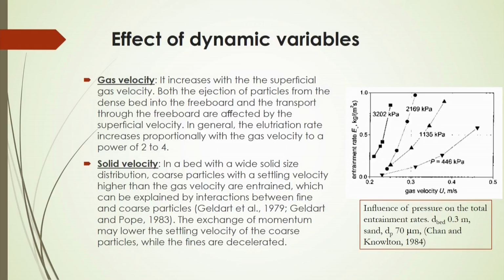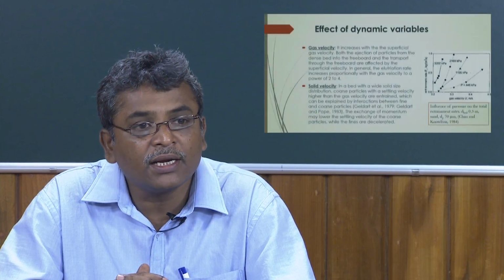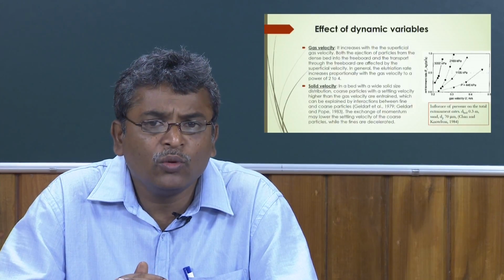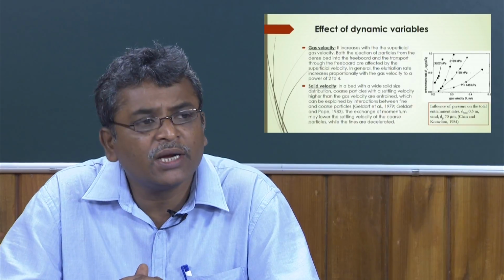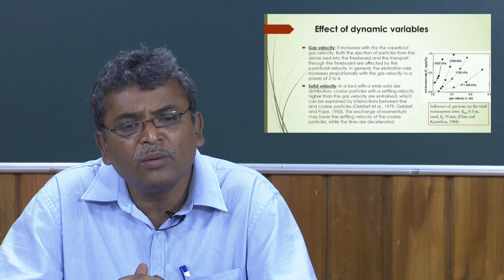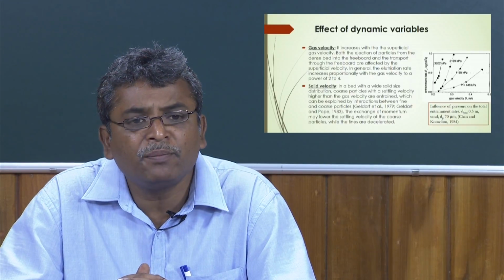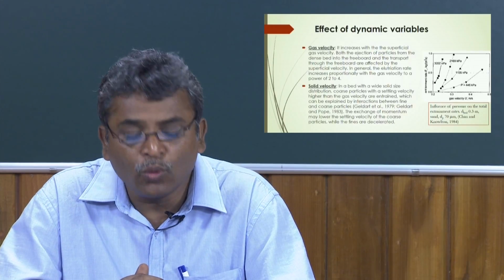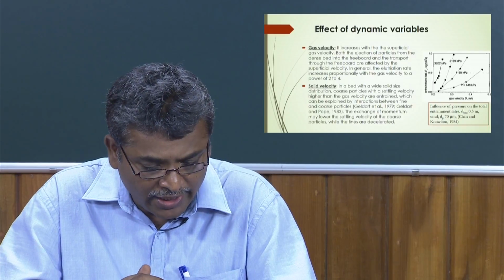The higher size particles will come downward, whereas the finer size particles will go upward, because particles with settling velocity greater than the gas velocity come down, whereas those with lower settling velocity relative to the gas velocity go up. So, only those fine particles whose settling velocity is lower than the gas velocity will be entrained.